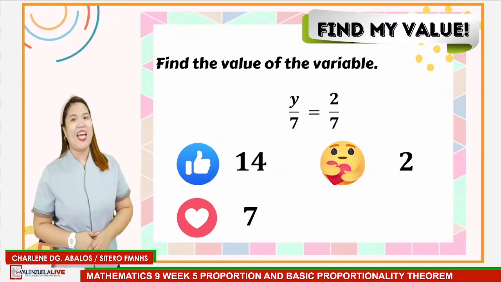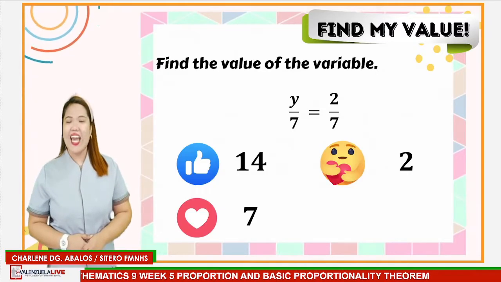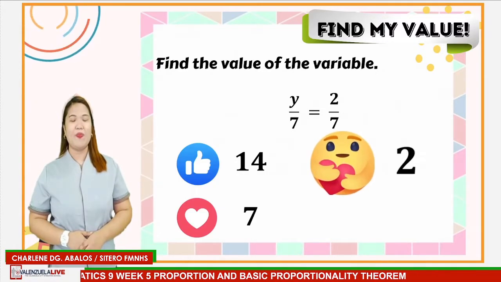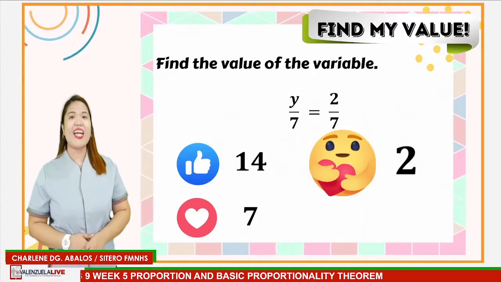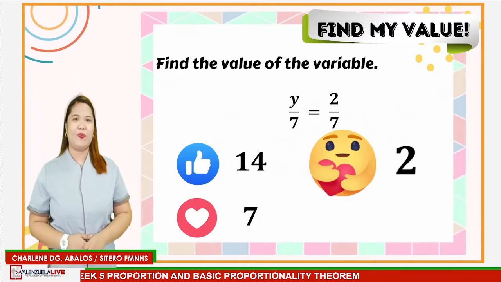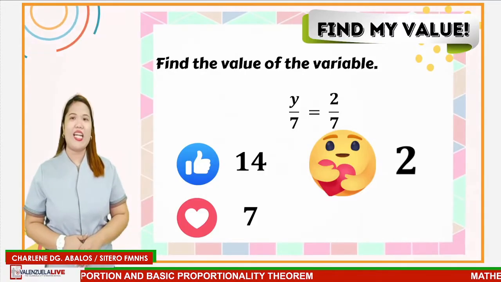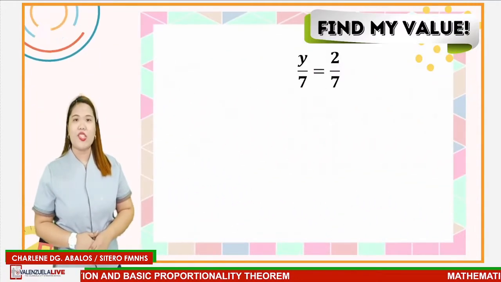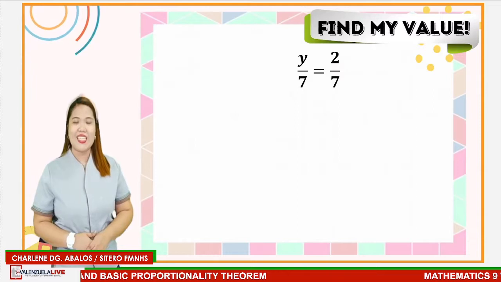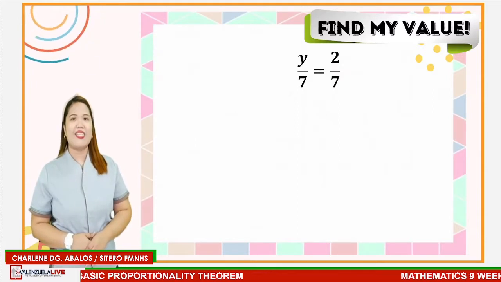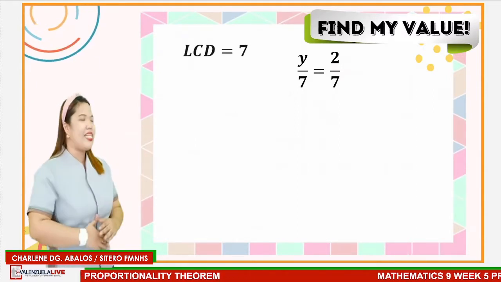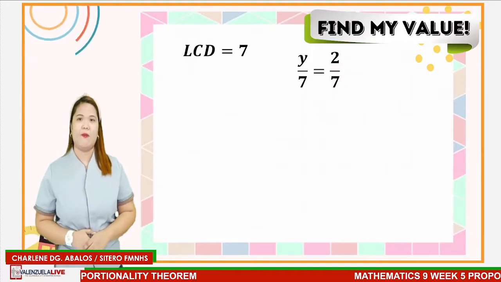Time is up. If you click care reaction, then you are correct. The correct answer is 2. Applying multiplication property of equality, multiply both sides of the equation by its LCD. In this case, our LCD is 7.